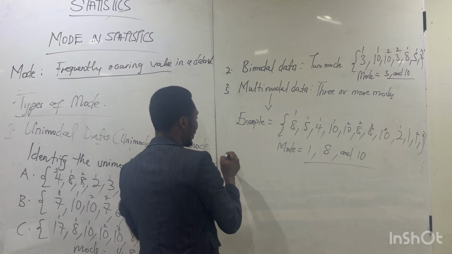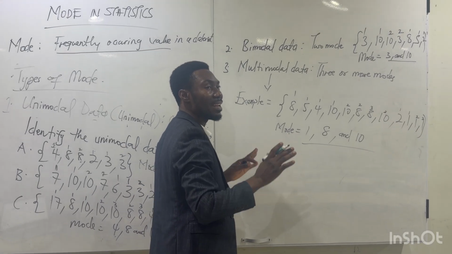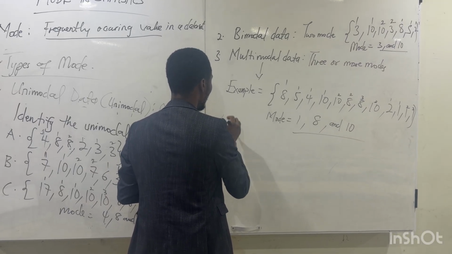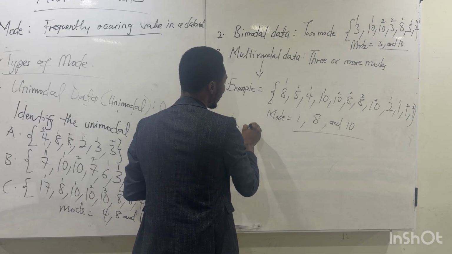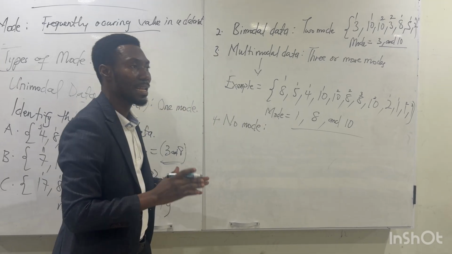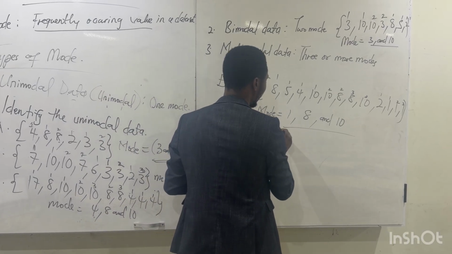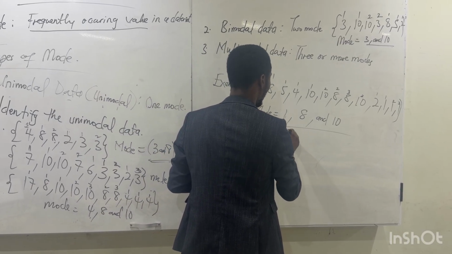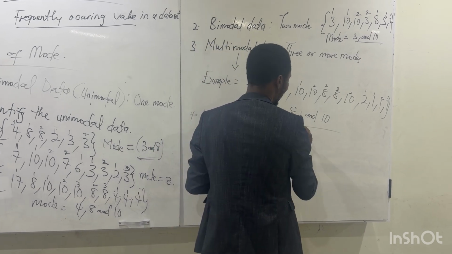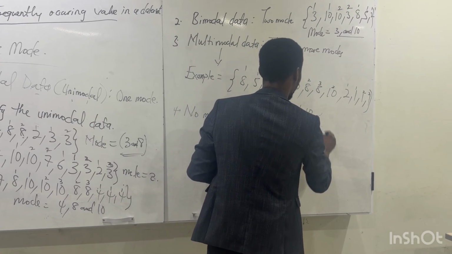Now the last one: if a data set does not have any mode, we just say there is no mode. So the fourth one, we say no mode. You can have a data set where there is no mode. For example, we can have 4, 16, and 12.